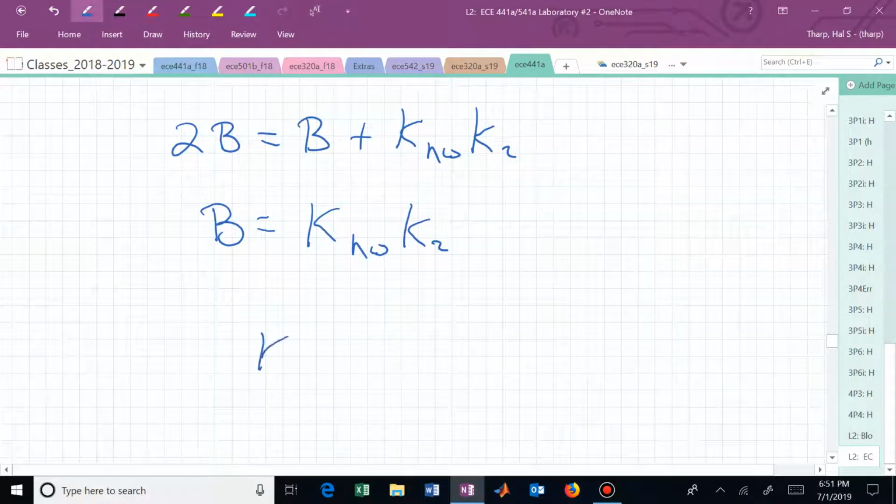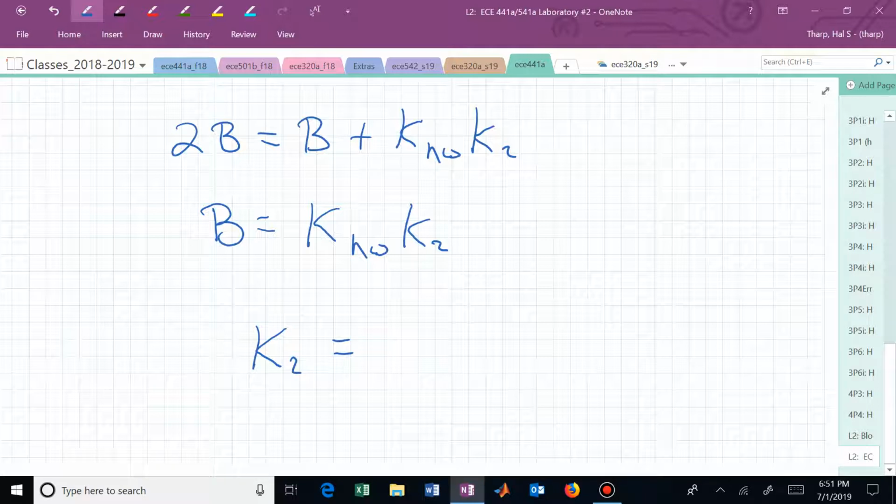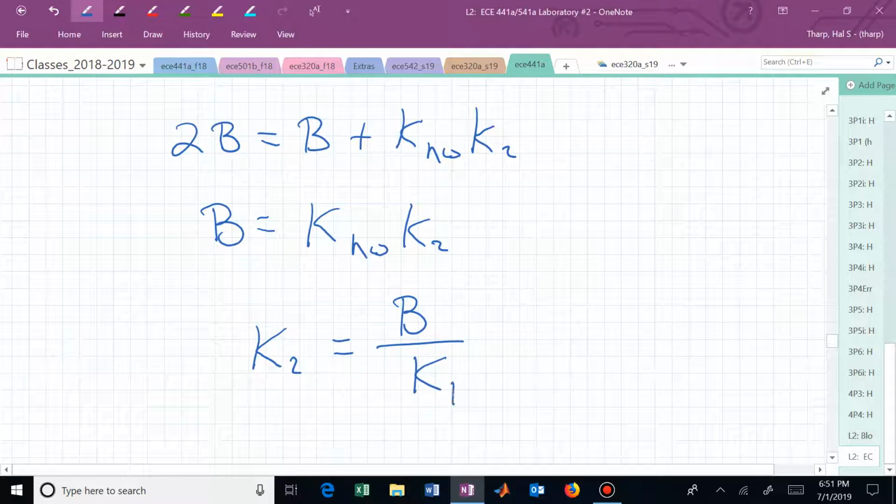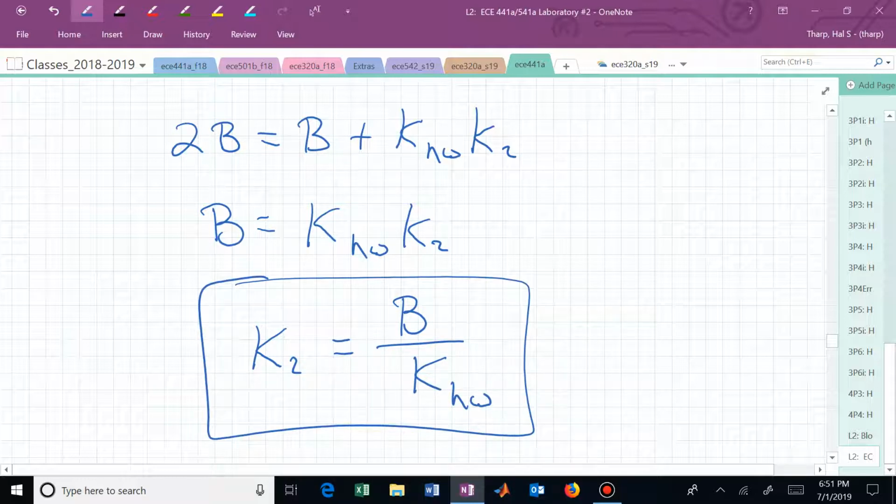If we're simply trying to find the scaling factor that we want to weight our velocity signal by in order to double the damping that we started with, we divide both sides by K hardware, and we can now find that the gain on our velocity, if we're trying to double our damping, is going to be B over K hardware.